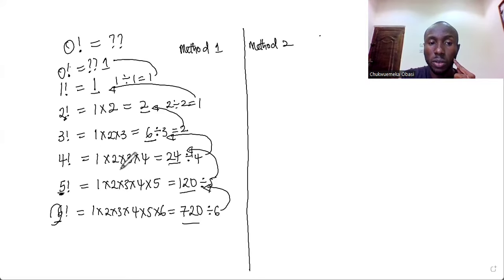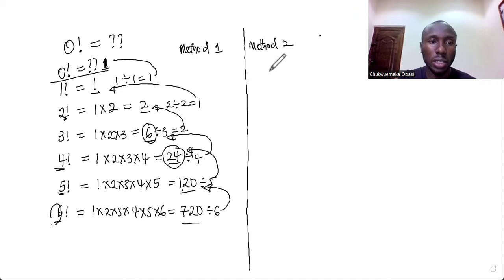If I want to get 4 factorial, I will do 120 divided by 5. That will give me 24. If I want to get 3 factorial, all I need to do is divide 24 by 4, and that will give me 6. Like that, you get that 0 factorial is equal to 1.